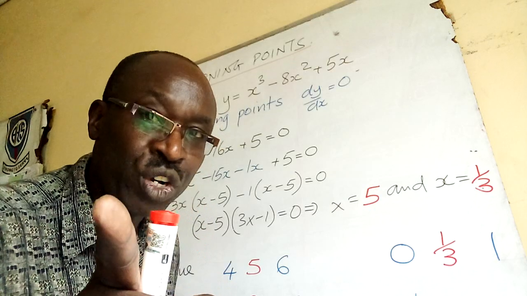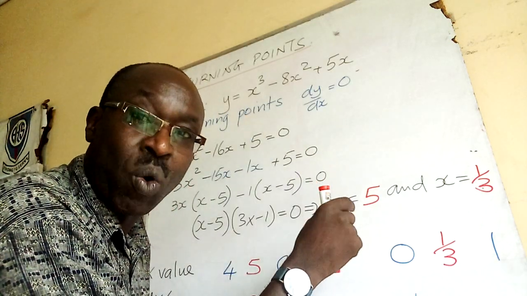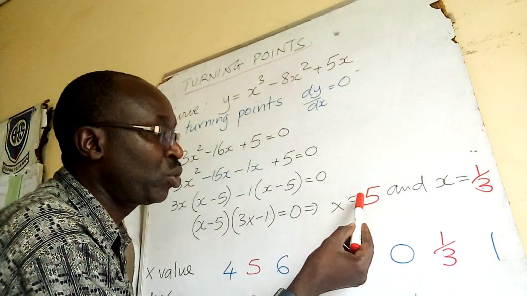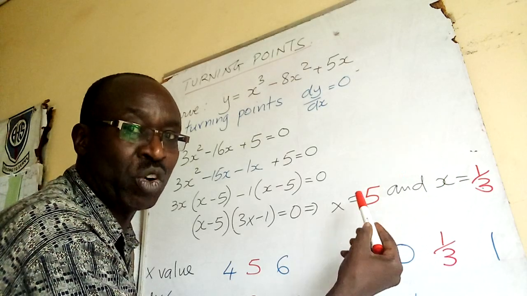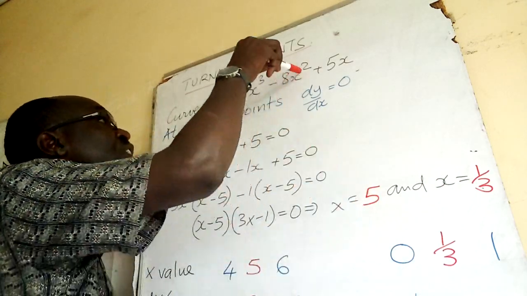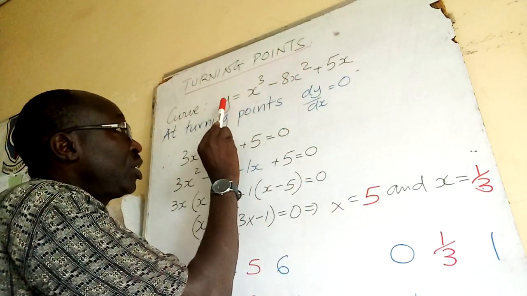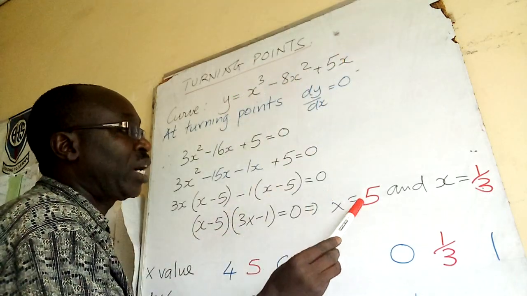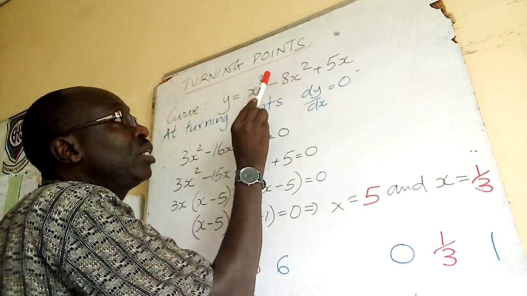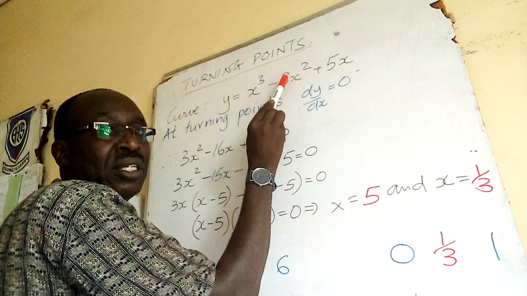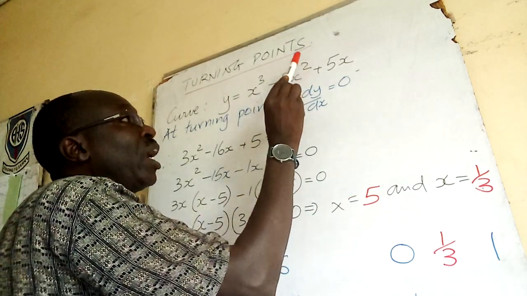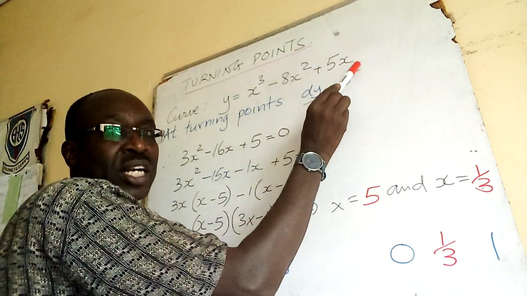If I wanted the y coordinate, I just put x one at a time. Okay, take x, put it in the mother question. So I take x, put it here, cube it, minus 8 bracket 5 square plus 5 bracket 5.